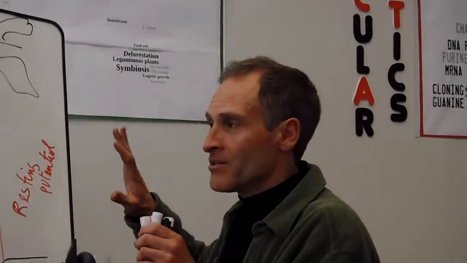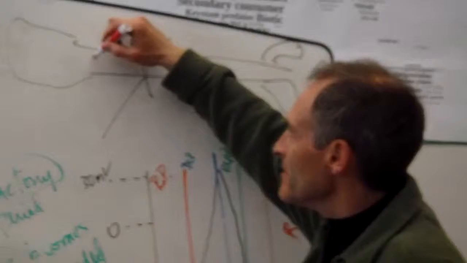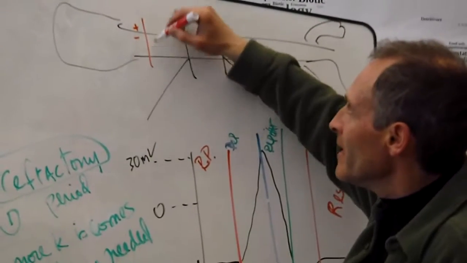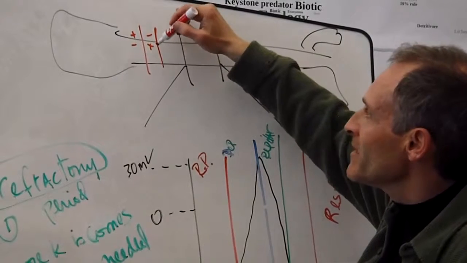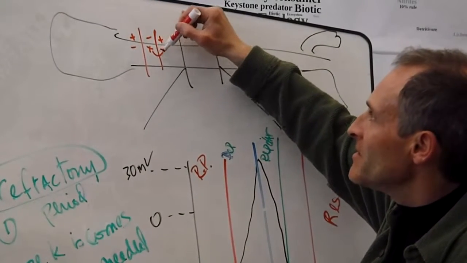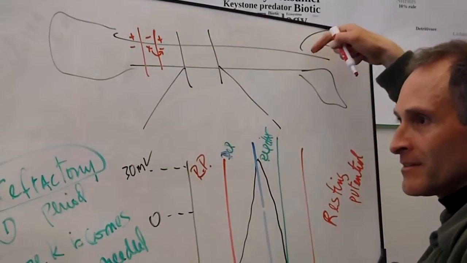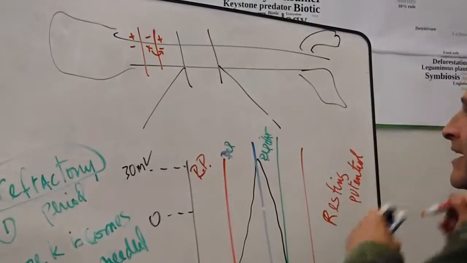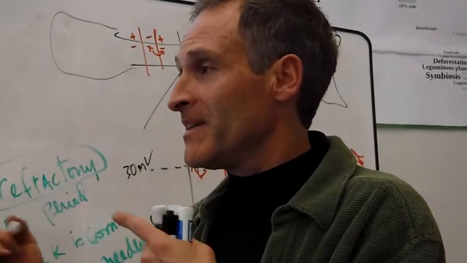So at each portion, it's getting depolarized. This is negative, this is positive, and this section is positive, and this is negative. So this positive charge is going to initiate a change over here, and it cascades all the way through. It does this in a 3 millisecond instance.